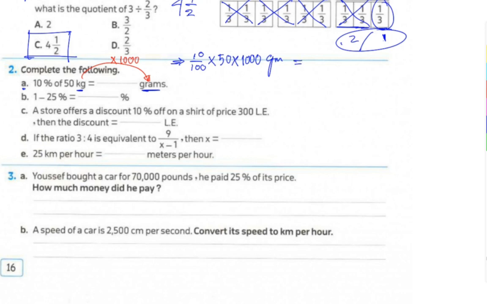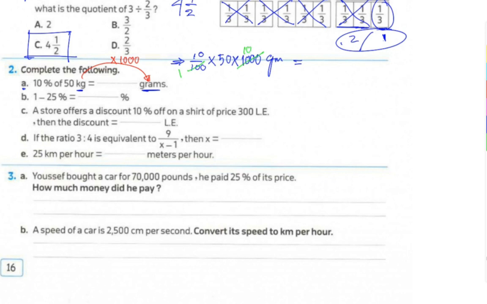Now continue to solve. I have to simplify the denominator with the numerator. I have here 100 and 1000. 1000 over 100 equals 10. I have just 10.